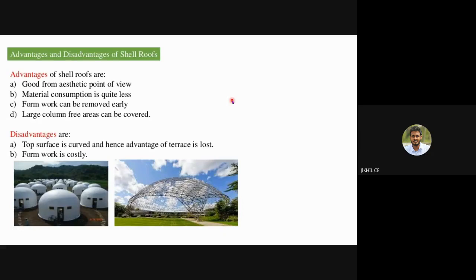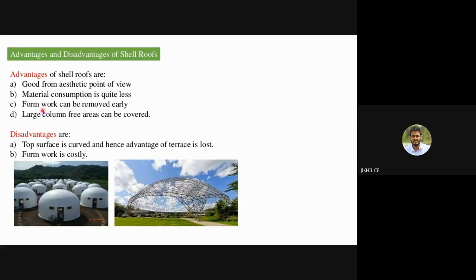What are the advantages and disadvantages of shell roofs? Shell roofs are selected because they are good from an aesthetic point of view, and material consumption is very low. It is a very thin member which covers a larger area.